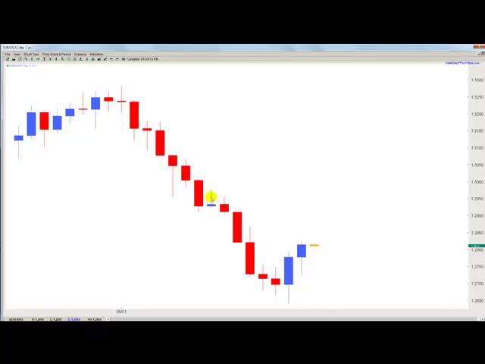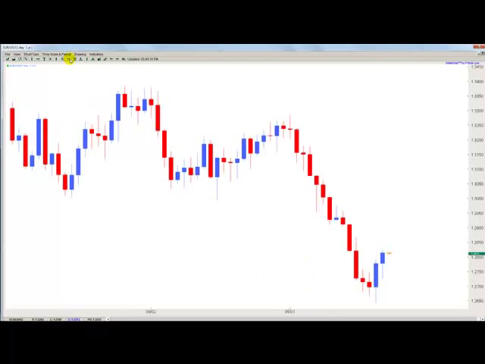And you can see that the sellers have been in control through this whole time, with the exception of one brief day, and the open and close was almost nil. So just the coloration in candle charts, red for bearish and downtrends, and blue for uptrends, can help you a lot in trading.